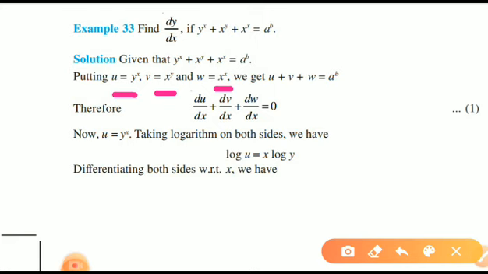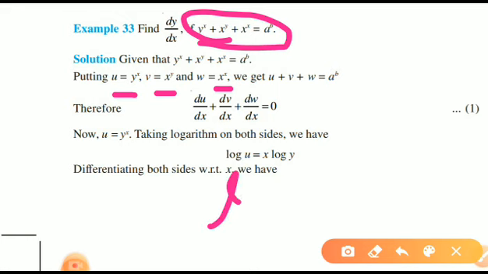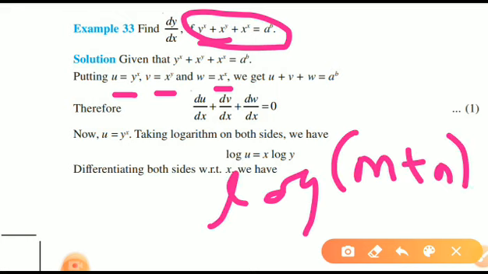Directly don't take log on both sides, because that is a mistake I can say 50 to 60% of students do. Whenever you see something x raised to something, with function of x as both the base and the exponent, you directly take the log. Okay, I don't have any property for log of m plus n. No property I have.